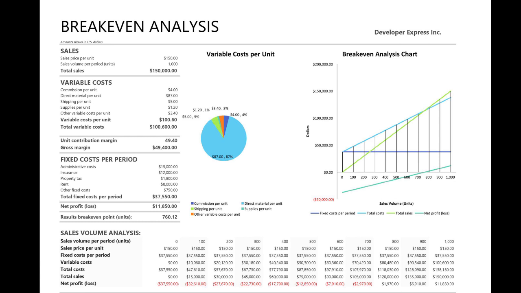Creating a break-even analysis consists of making key assumptions based on actual data. They include: Number 1, the total amount of fixed costs remains constant at all levels of output. Number 2, variable costs fluctuate accordingly with the amount of output.